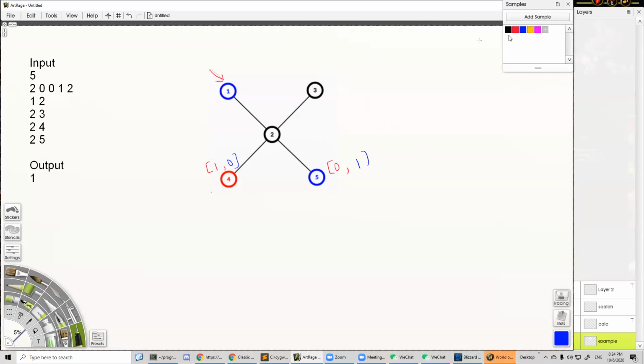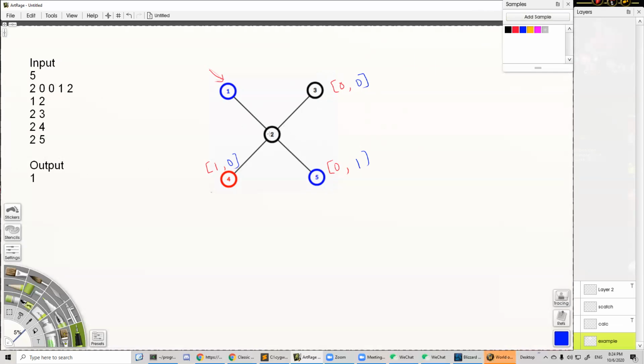And for this guy, the red node count is 0, and the blue node count is also 0, right?